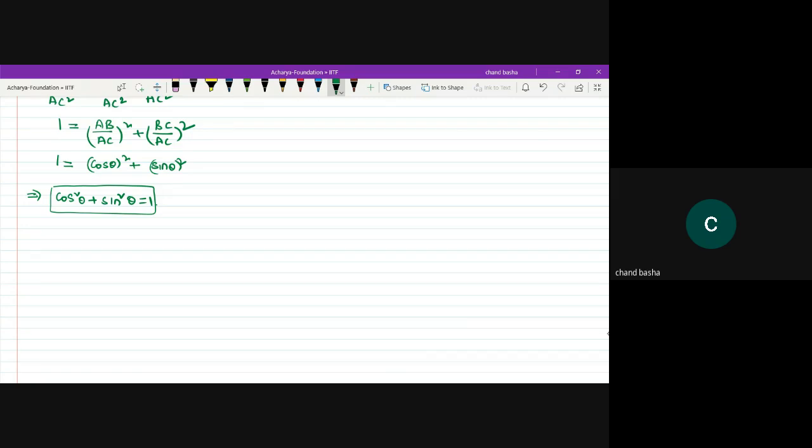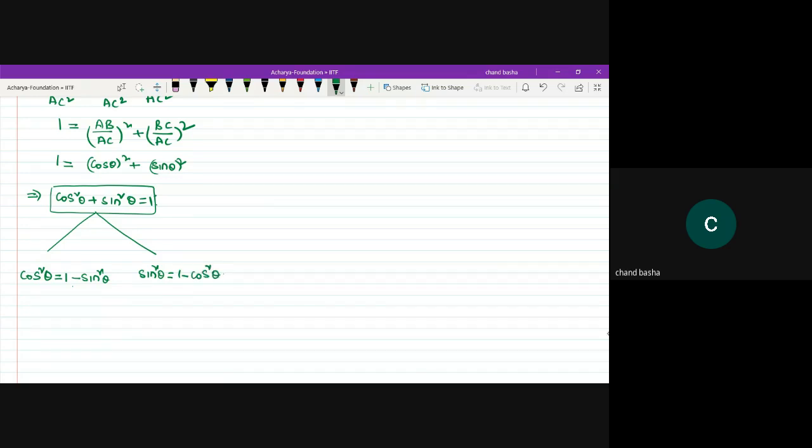From this, if you want, you can derive two more. Cos square theta is equal to 1 minus sin square theta. Again, sin square theta is equal to 1 minus cos square theta.